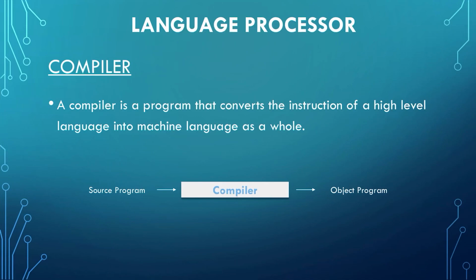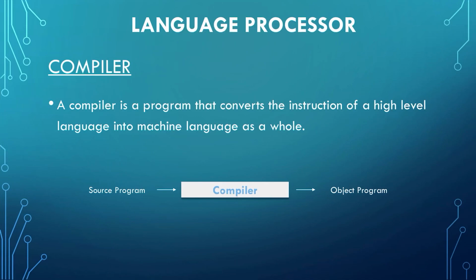Every language processor will be converting the high level language into low level language. The point on which I need to emphasize here in case of compiler is as a whole. It is saying that a compiler converts source code into object code as a whole.